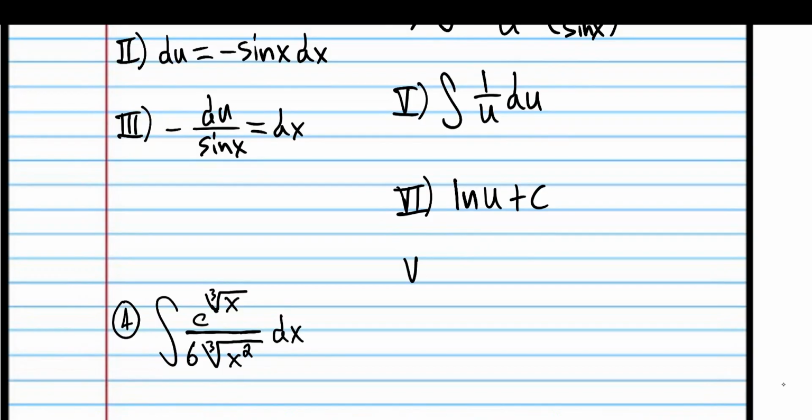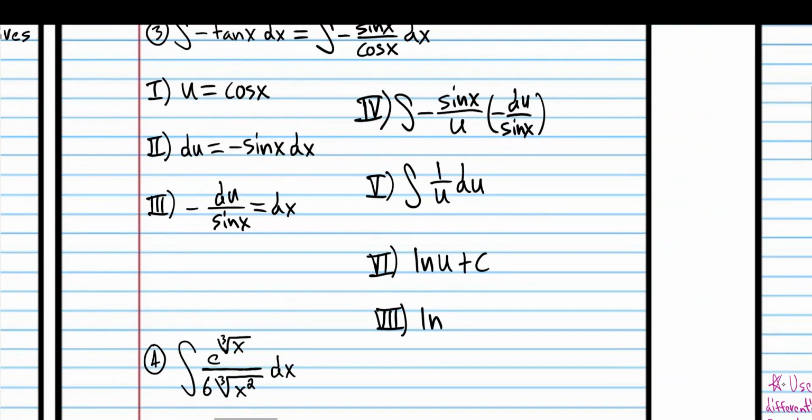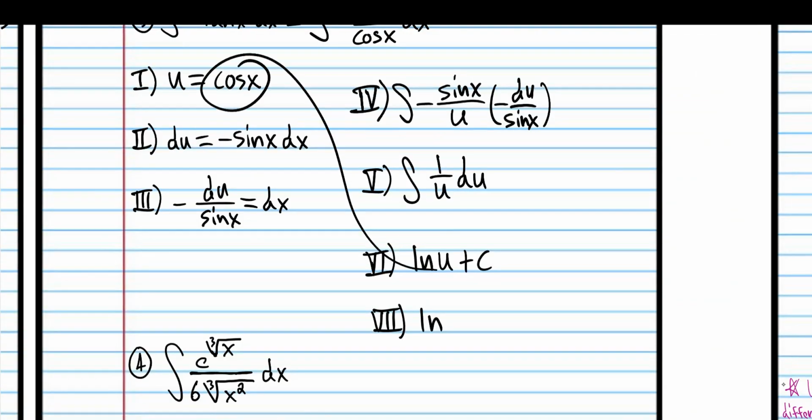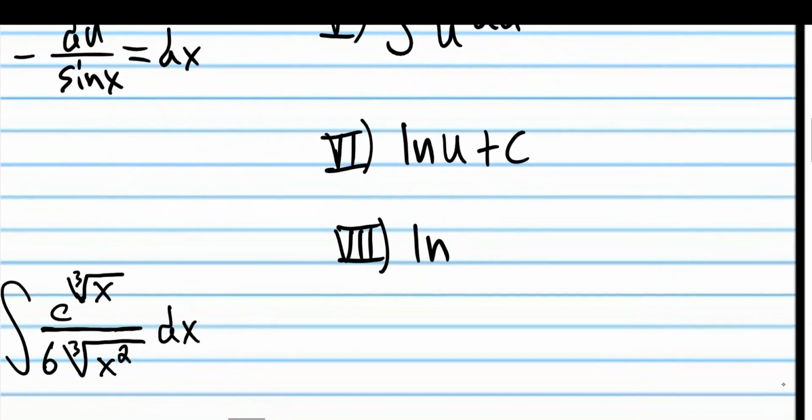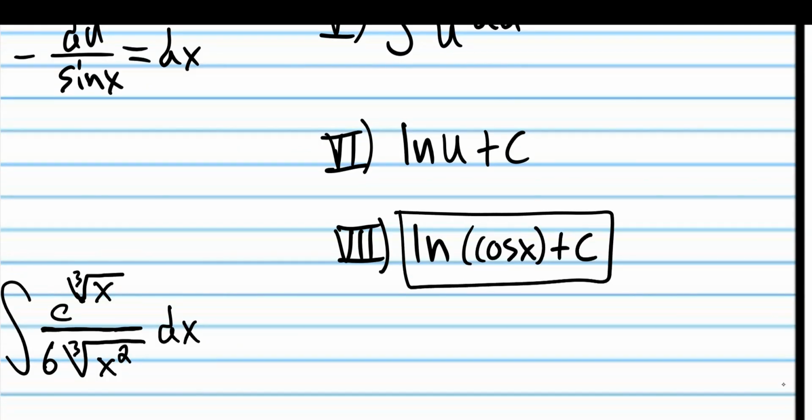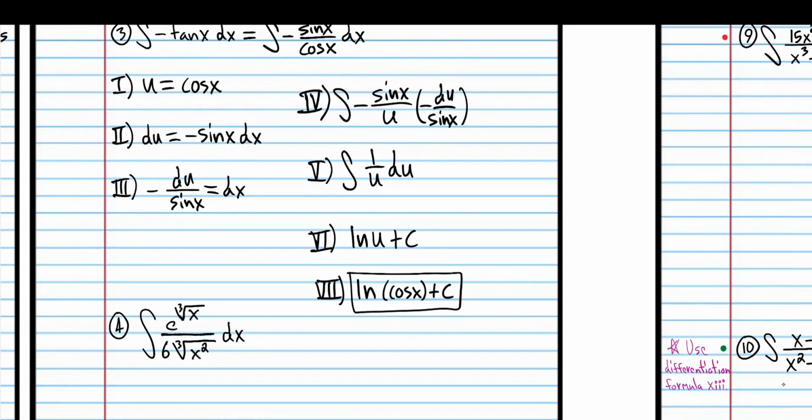Okay, so now in step 7, we're going to replace u with what we said u is equal to, that's cosine x. And there you go, that is the antiderivative.